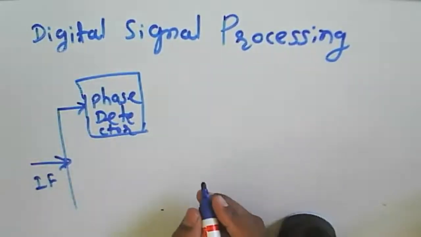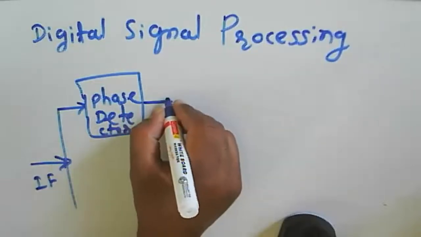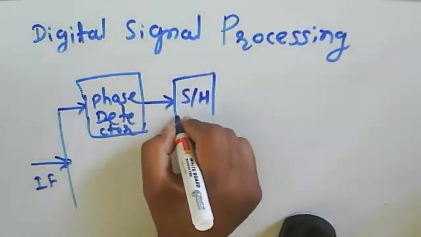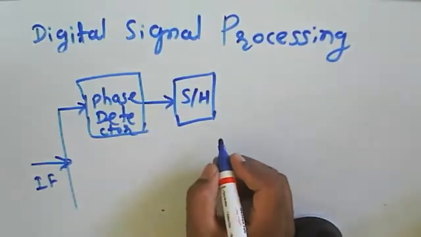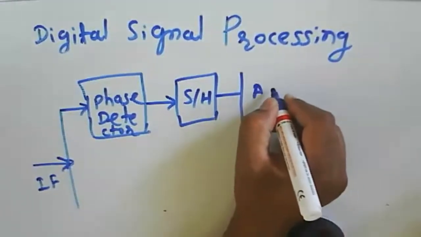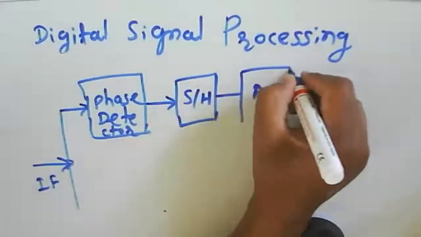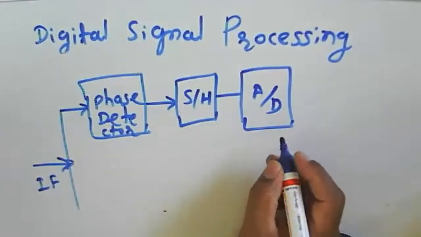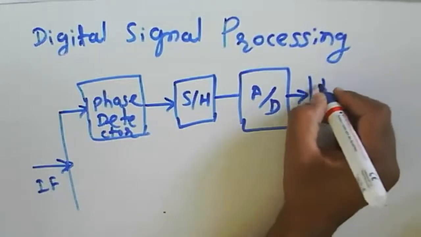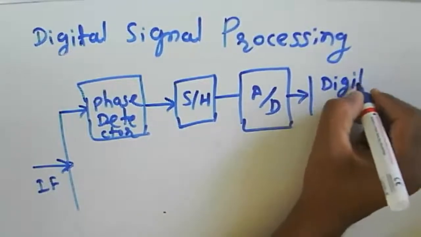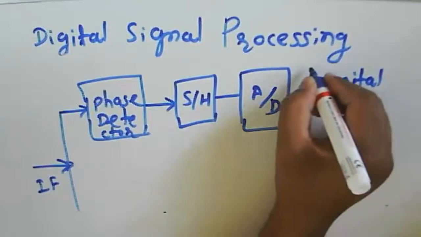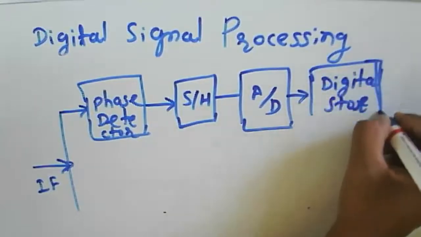Then we have a sample and hold circuit for getting the information, through which we convert the information from analog to digital. Then we store the information, so we have a digital storage here.